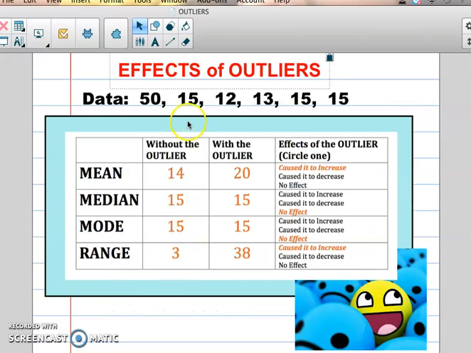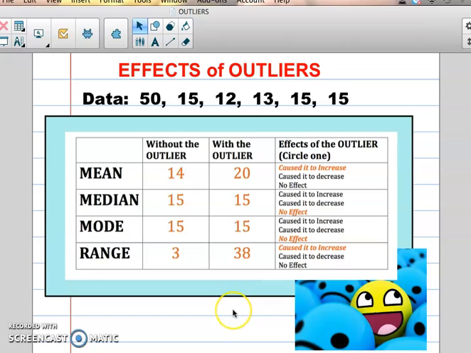Let's say, for example, here, the effects of an outlier in this data: 50, 15, 12, and everything like that. By the way, what's the outlier? 50, correct? Without 50, this is your data set. But putting that outlier in there, the 50, it changes.